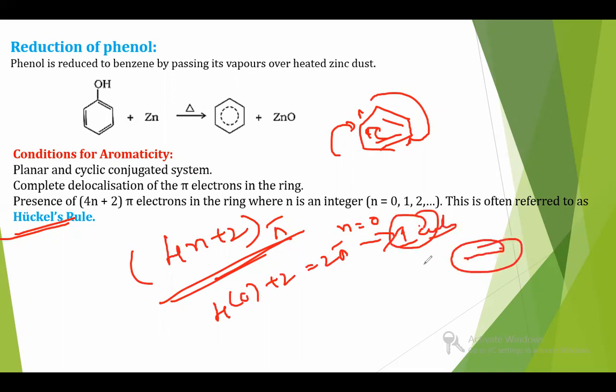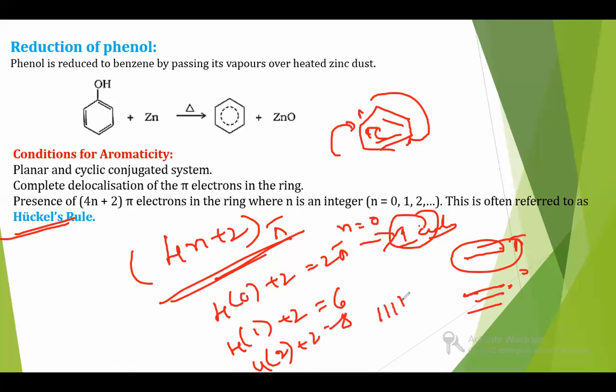Next, n is equal to 1, 4 into 1 plus 2 is equal to 6. 6 means 6 electrons, which means 3 pi bonds. Next, n is equal to 2, 4 twos are 8, 8 plus 2 is equal to 10, which means 5 pi bonds.